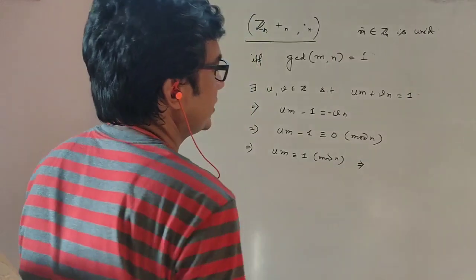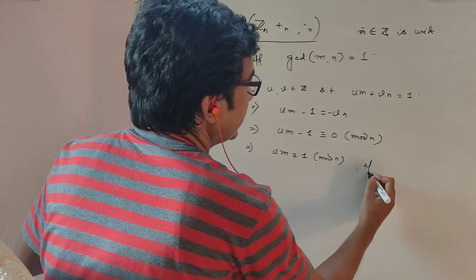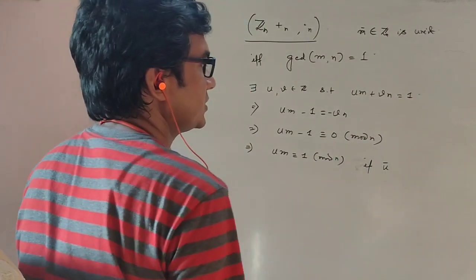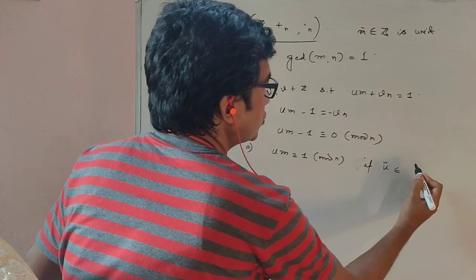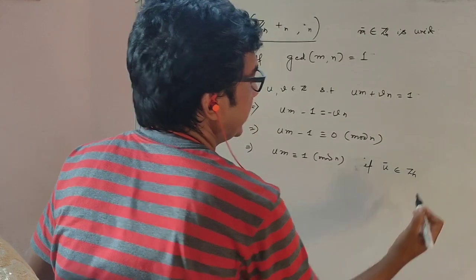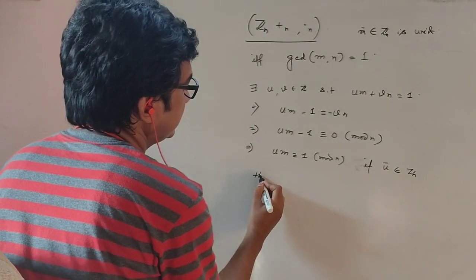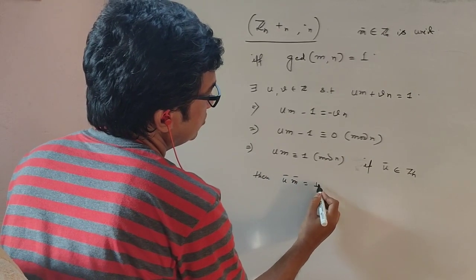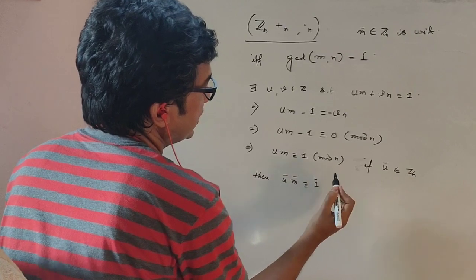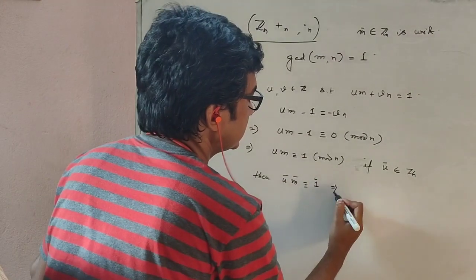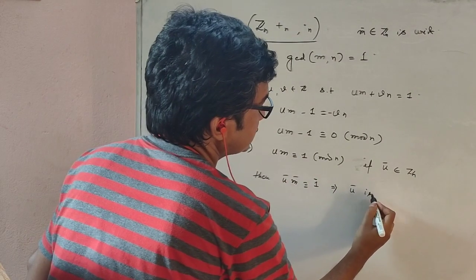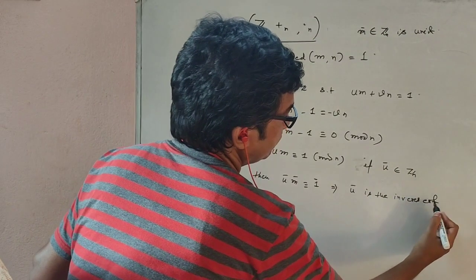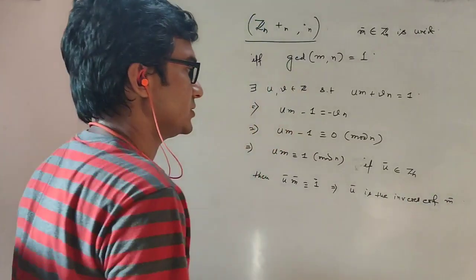Implies, if u class belongs to Zn, then u class into m class equal to 1 class. That is u class is the inverse of m class.